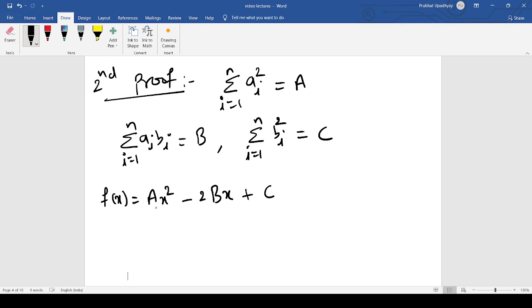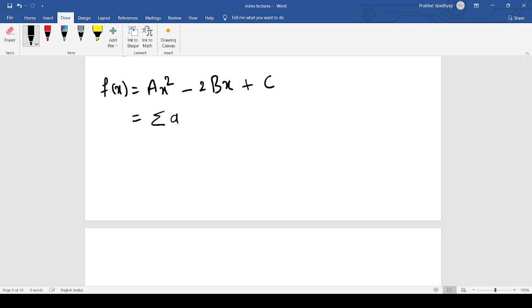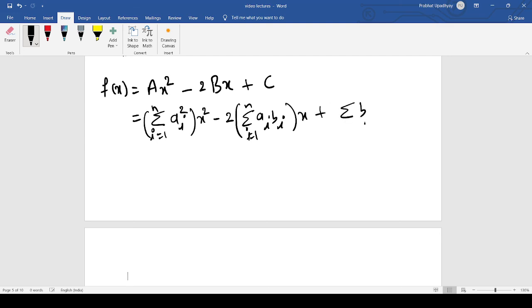And this is equal to summation ai square, i running from 1 to n, times x square, minus 2 times summation ai bi, i running from 1 to n, into x, plus summation bi square, i running from 1 to n.